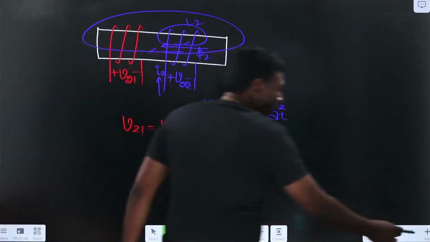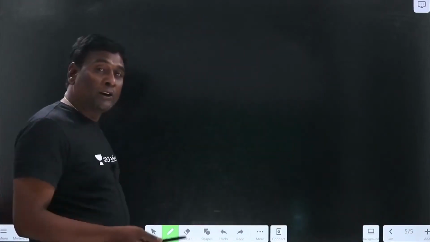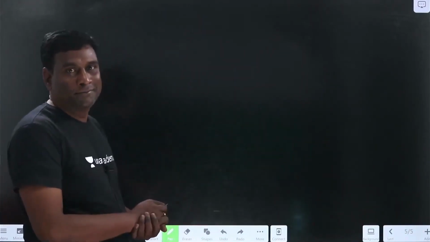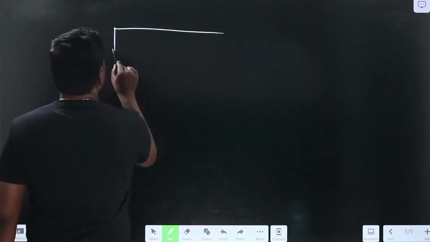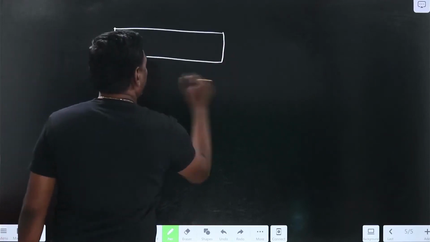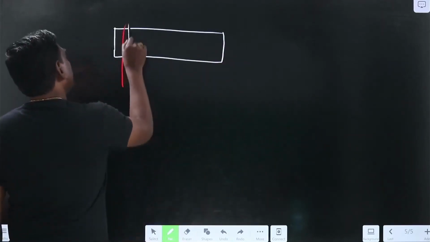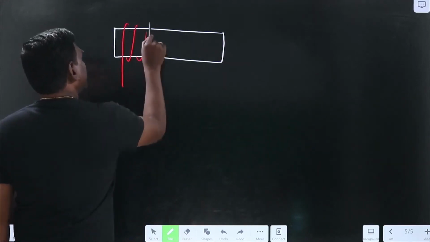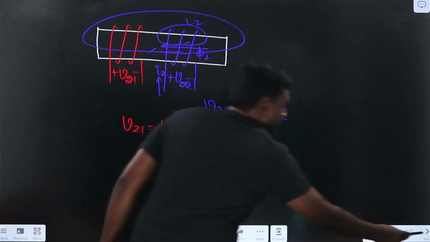Now let me have both the coils having currents. The first one is red and the second one is blue.